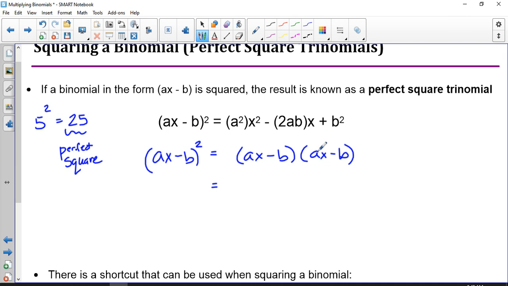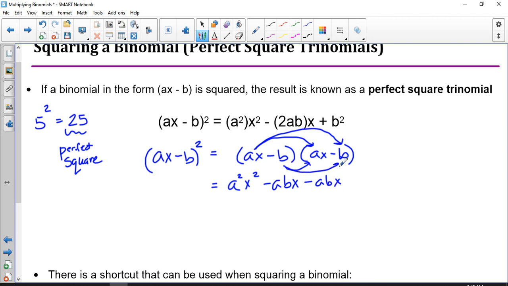So ax times ax: a times a is a squared, and x times x is x squared. That's the first term. O would be ax times negative b, and a positive and a negative makes a negative, so that's negative abx. Now I, negative b times ax, a negative and a positive makes a negative, so negative abx.